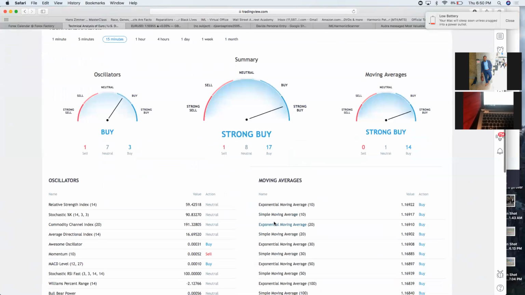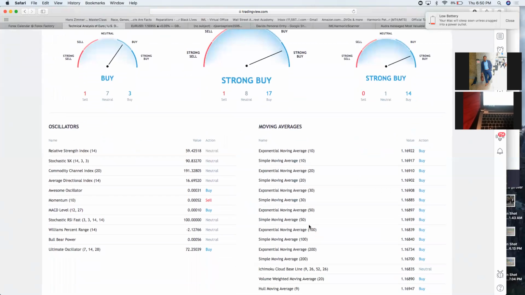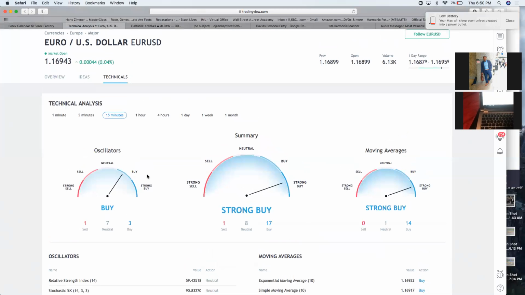Exponential moving averages, simple moving averages on a 10, 20, 30, 100, and 200. Ichimoku, the volume, and all the oscillators, the awesome oscillator, MACD level, and the ultimate oscillator are saying it's a buy, while everything else is saying it's a sell, right?